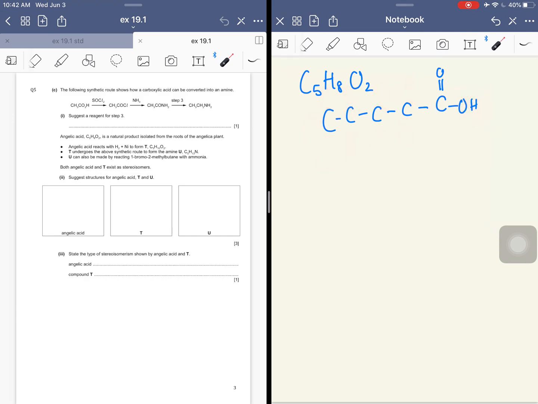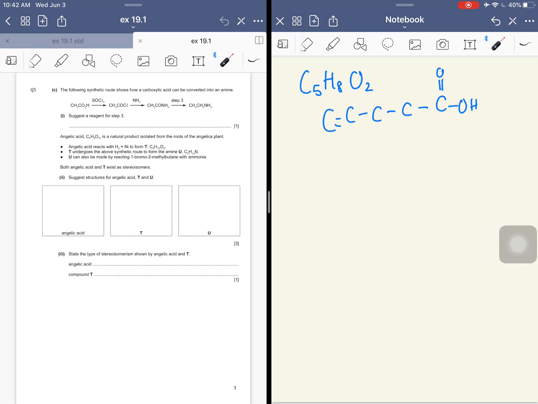That means there must be a double bond somewhere. Again, the position of the double bond, I do not know it yet, so I'm just going to put it there. This is not the correct structure yet, but if we count the number of hydrogen, 1, 2, 3, 4, 5, 6, 7, 8, it agrees with the formula C5H8O2. That means in this angelic acid there is a carboxylic acid and an alkene.